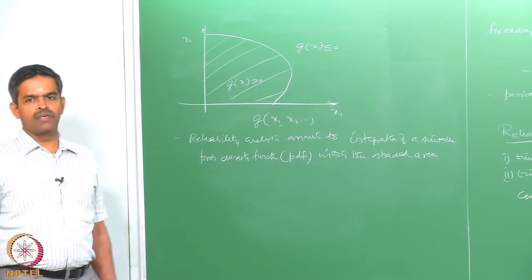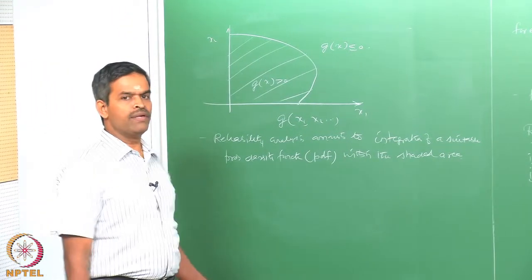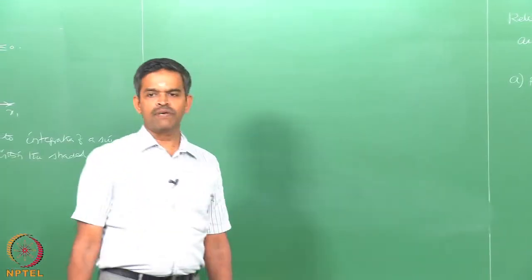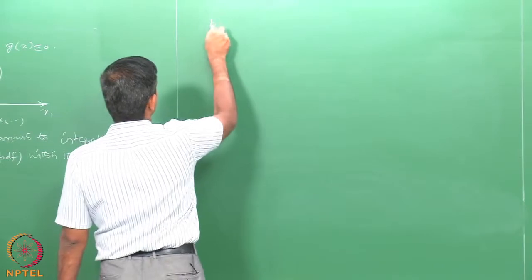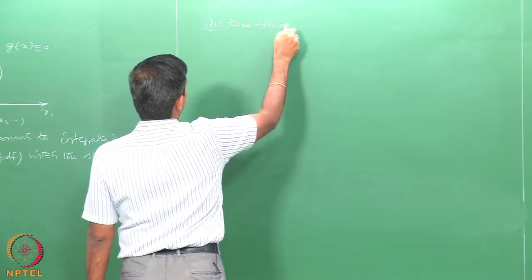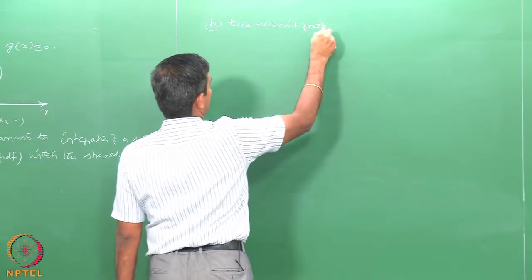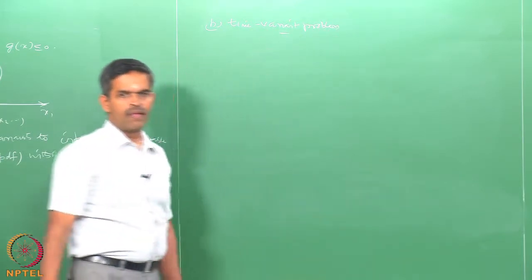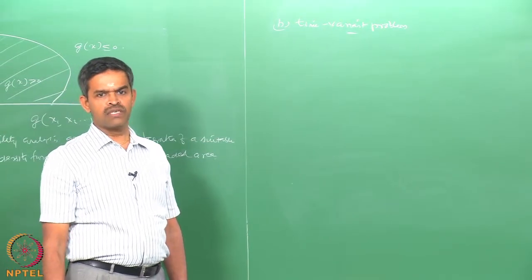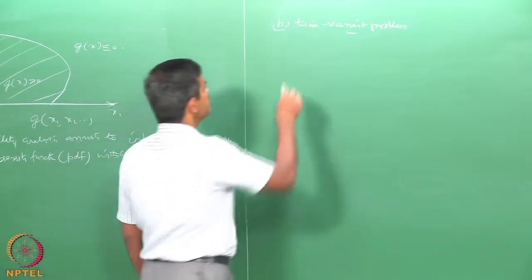A reliability problem is said to be time variant if the following statement is valid. Let us say, time variant problem. In this case, obviously the limit state function is also going to be a function of time.